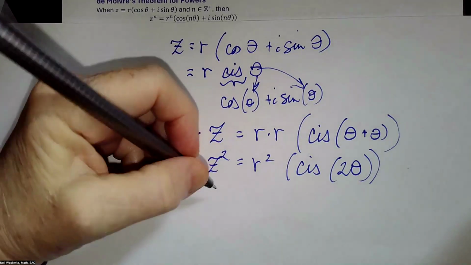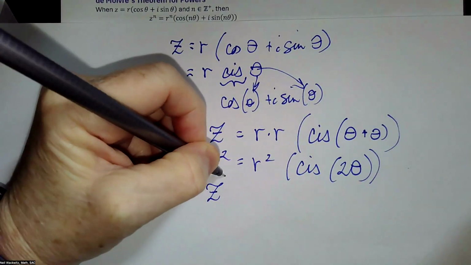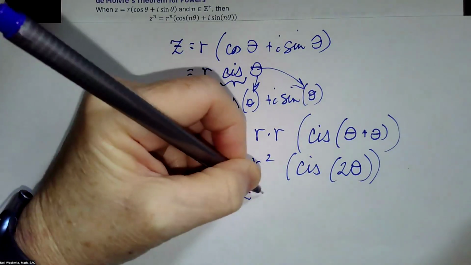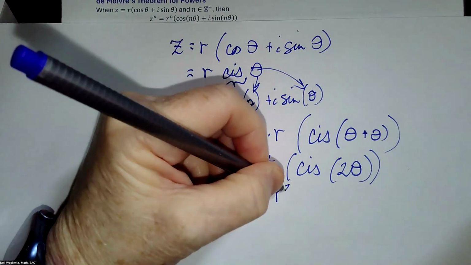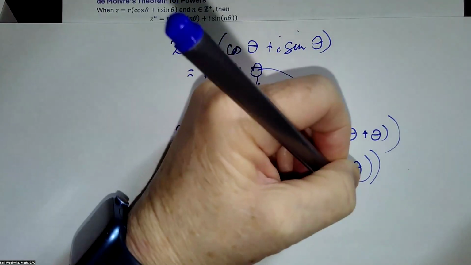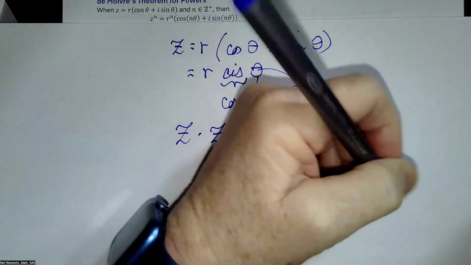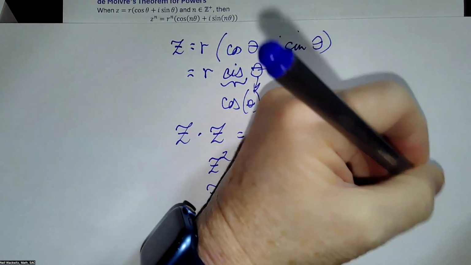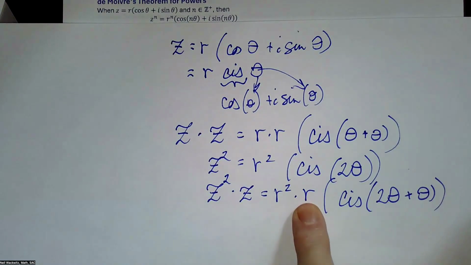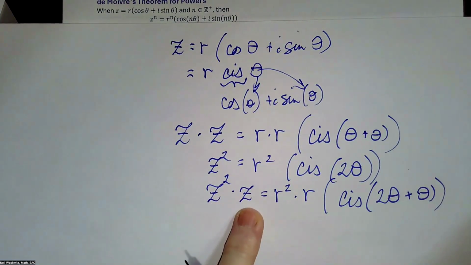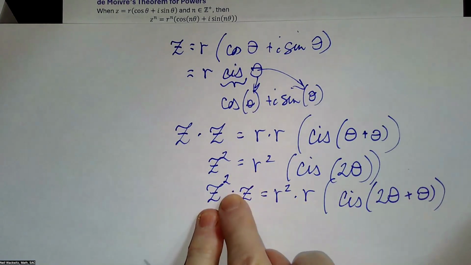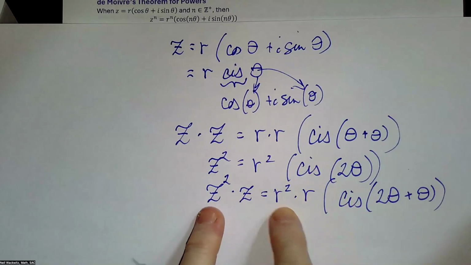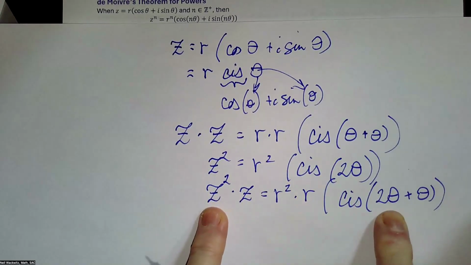And we can do this again. z squared times z is r squared times r cis of 2 theta plus theta, because the modulus of z is r, the argument of z is theta, the modulus of z squared is r squared, and the argument of z squared is 2 theta.